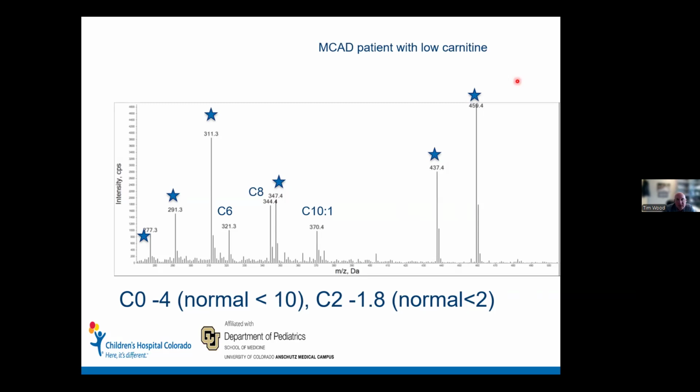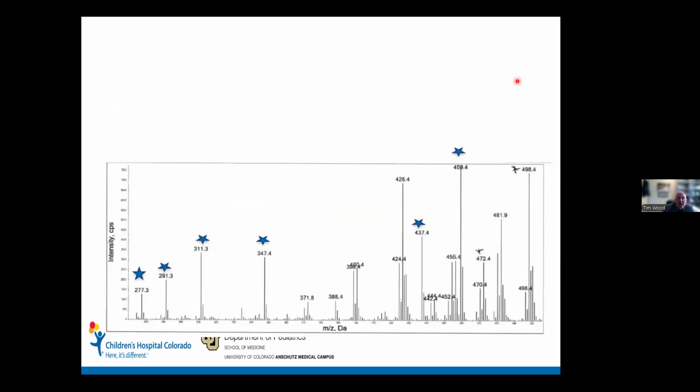Okay, here's the next one. Again, short, medium, and long. What do you think this patient has? So we've got elevations of C14, elevations of C16, trying to throw you off track here, C18-1. But then, whoa, you've got a hydroxylated species.